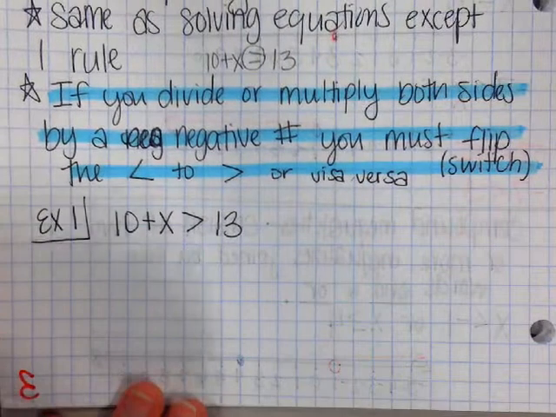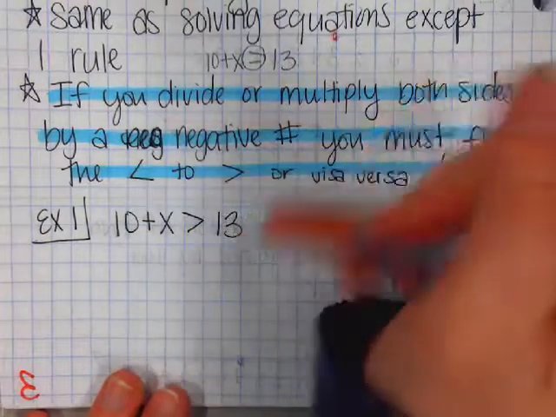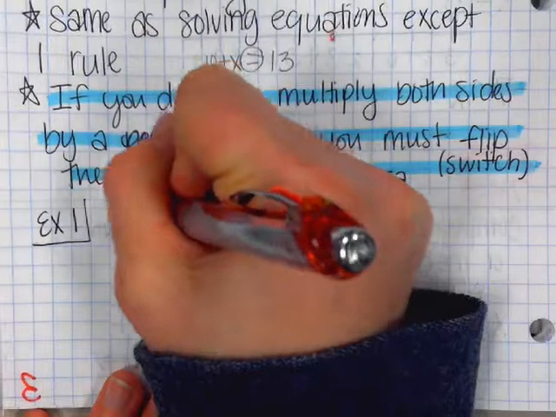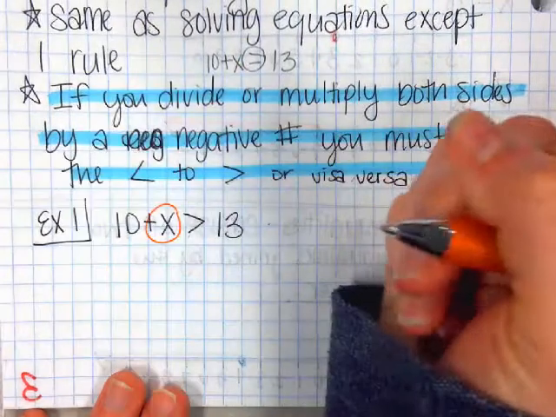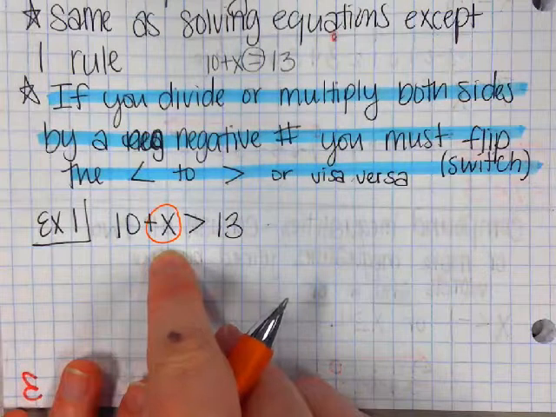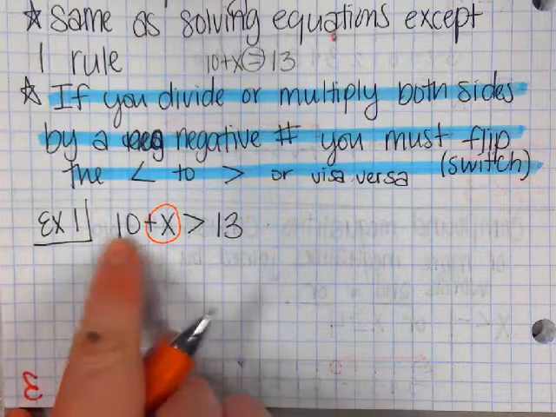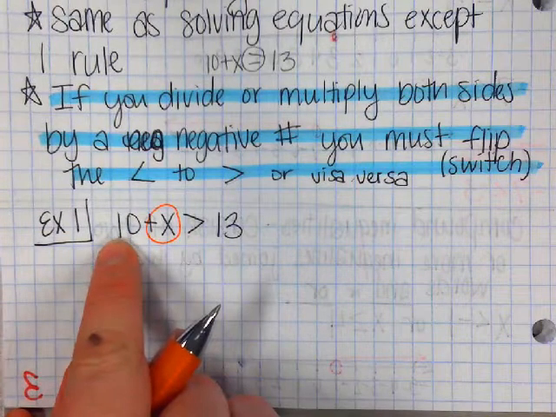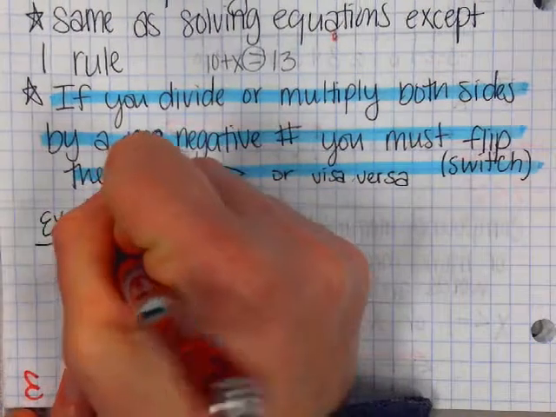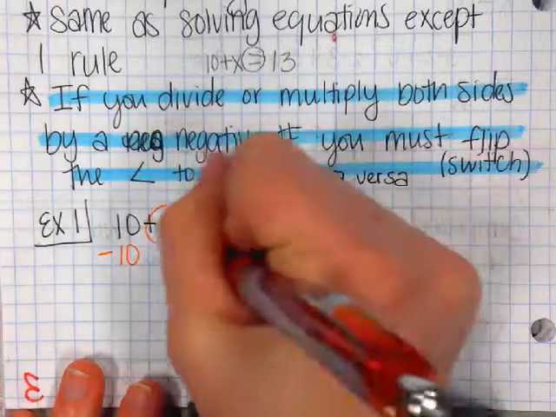So if I have 10 plus x is greater than 13, remember I always circle my variable, and that's what I'm trying to get by itself. Right now it's 10 plus x. It's a positive 10, so in order to make it cancel, I would need to subtract 10.